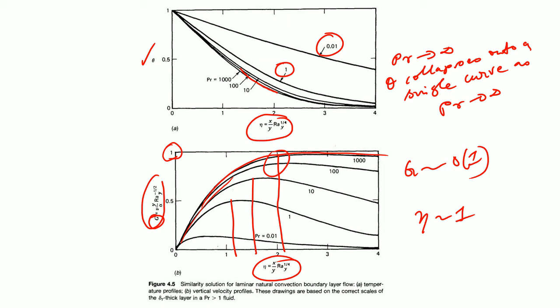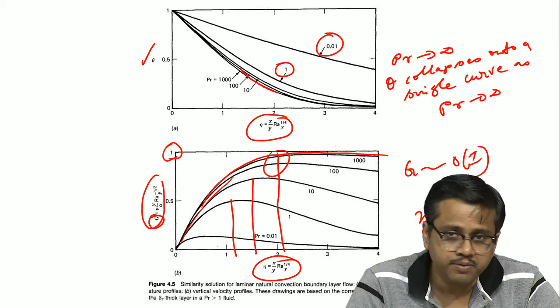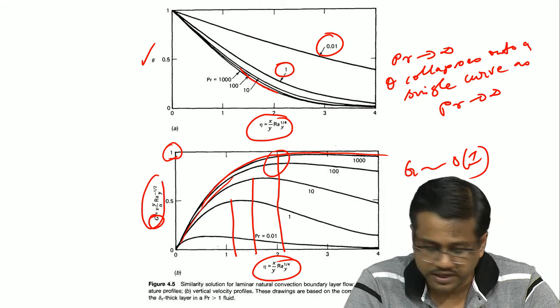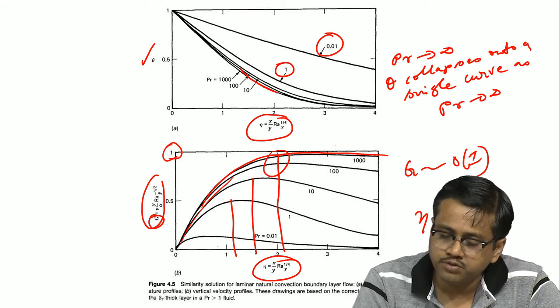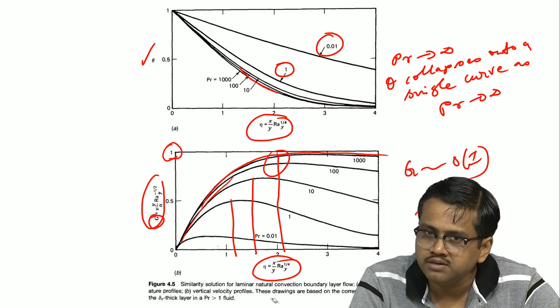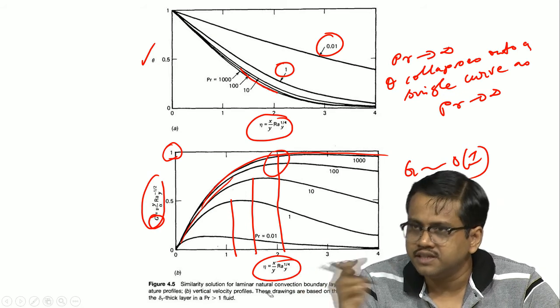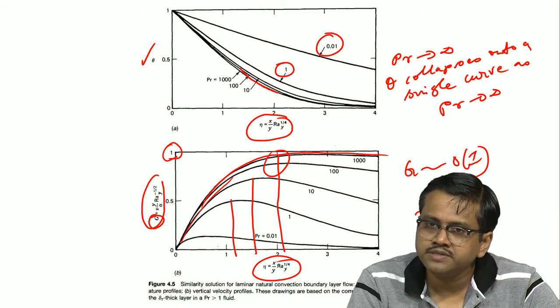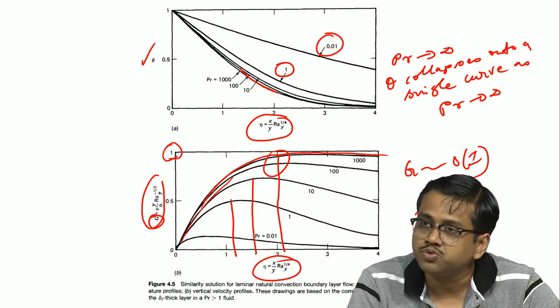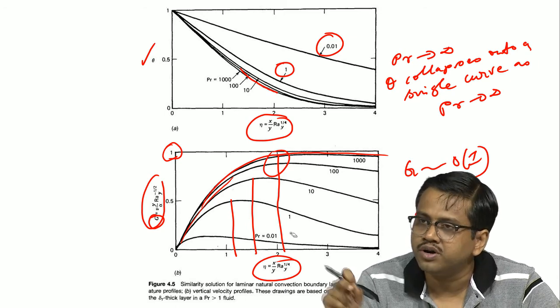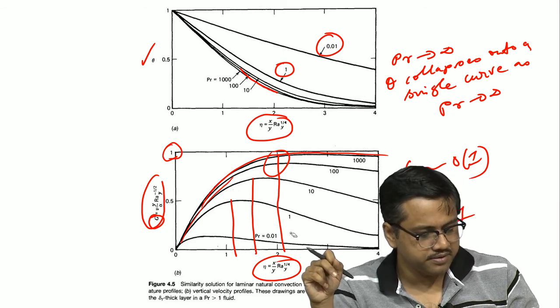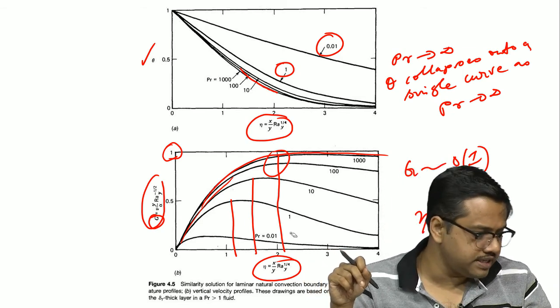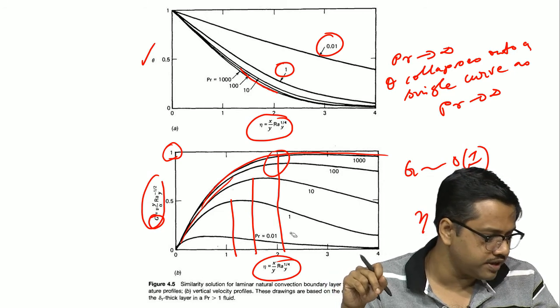This is a significant finding, and it also shows that our scaling argument was the right one. The velocities seem to peak around eta equal to 1, which is also predicted in that sketch that we made. And it also showed that all these velocity peaks are merging towards the same profile as we go on increasing the Prandtl number. So, all these things are very significant arguments over here.